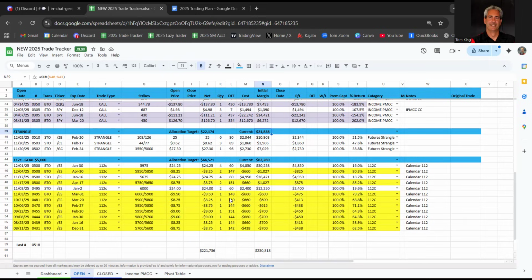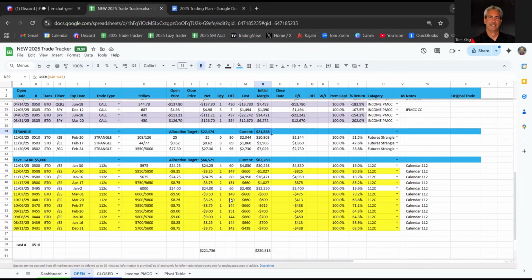And really, I like to just be balanced. I find it hard, because I'm doing mostly Strangles here, and I only really trade four main futures, and that would be ES and oil and gold and bonds. Okay. I can't overlap. I don't want to have two Strangles on in any one underlying at a time.